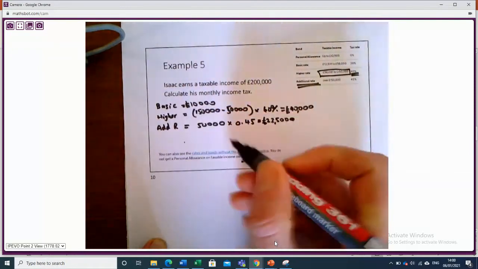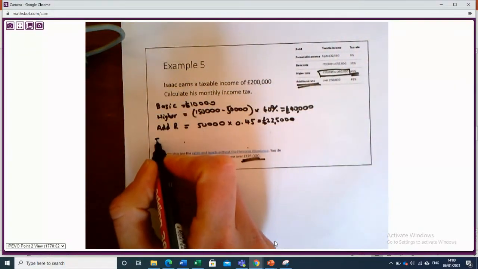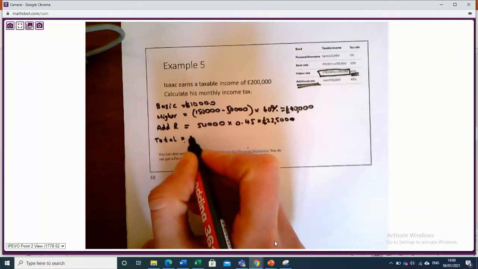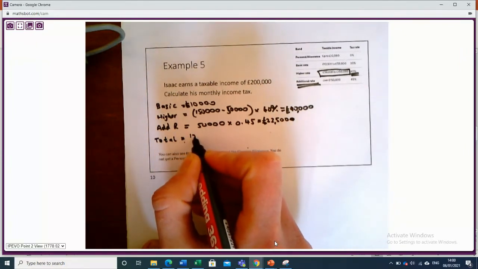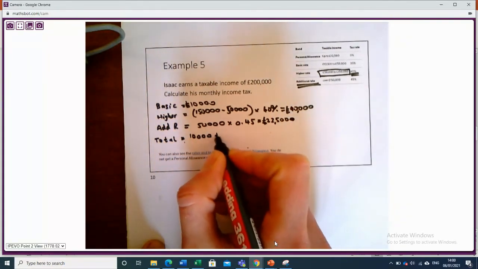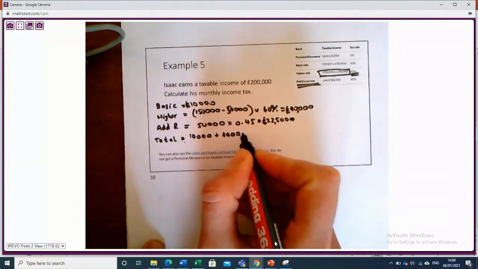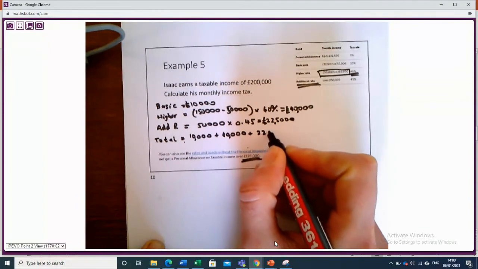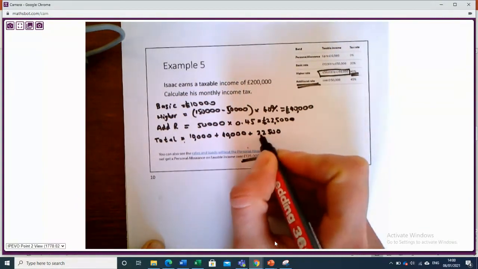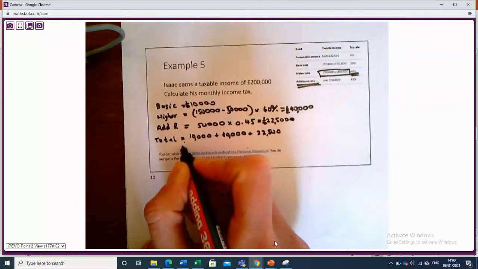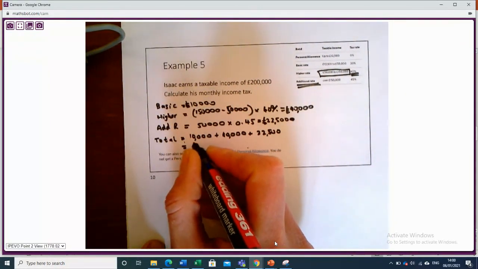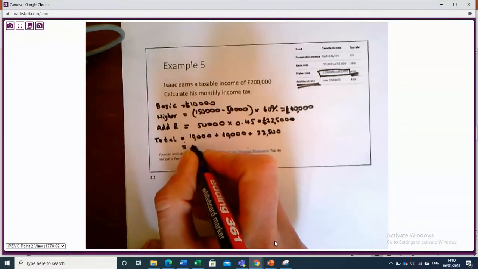So in total, we need to add these all together, which would be 72,500.